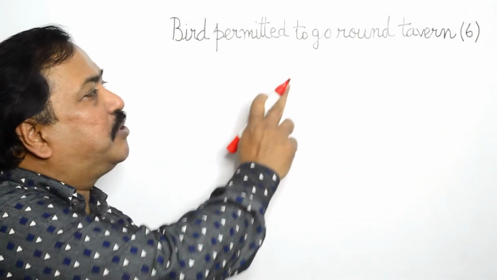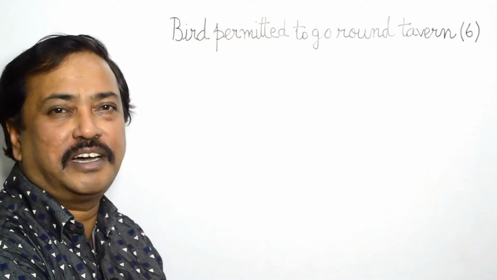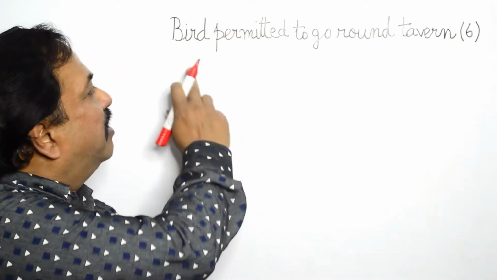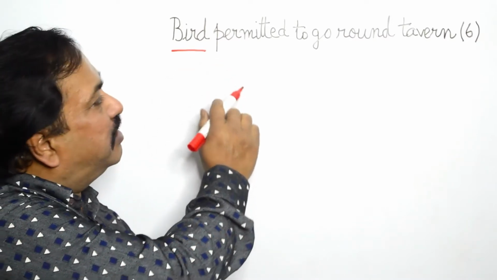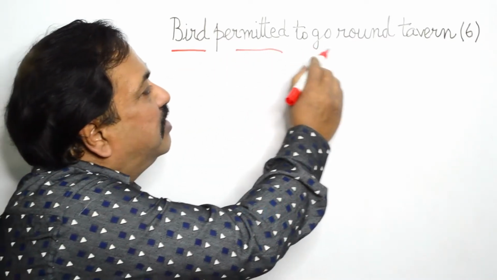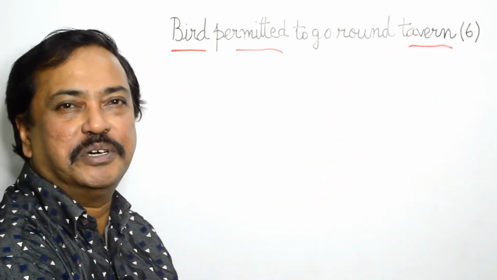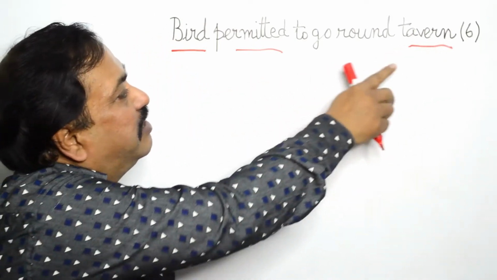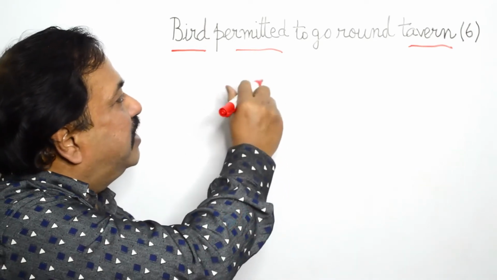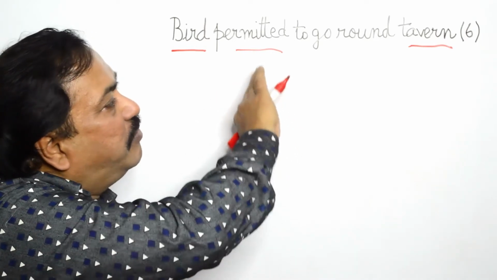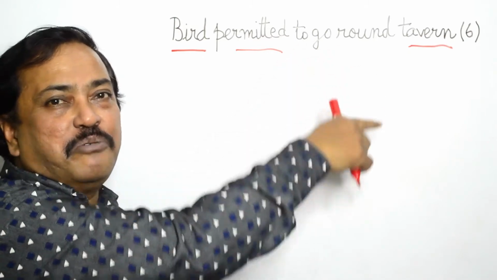Bird permitted to go round tavern. Another container clue. Bird is our definition here. Permitted to go round tavern. So this is the X part, tavern is the Y part. Now, permitted will go around tavern.